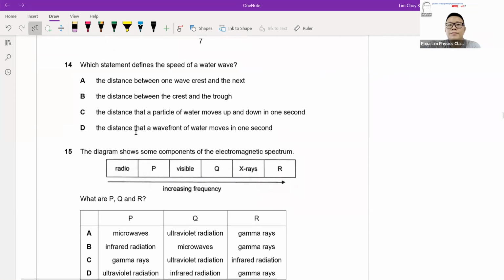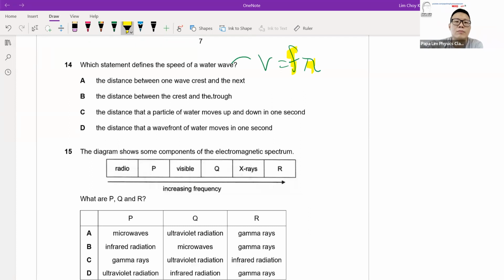Now, for the speed of the wave, the distance between the particles, the wavefront, all these things. The speed of the wave usually refers to V. The formula we have is V equals f lambda. So if I want the speed, I would definitely need to know the frequency and the wavelength.